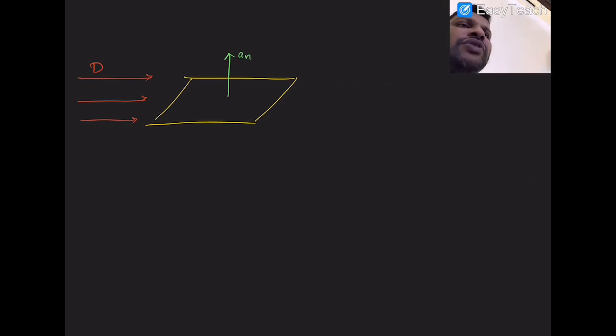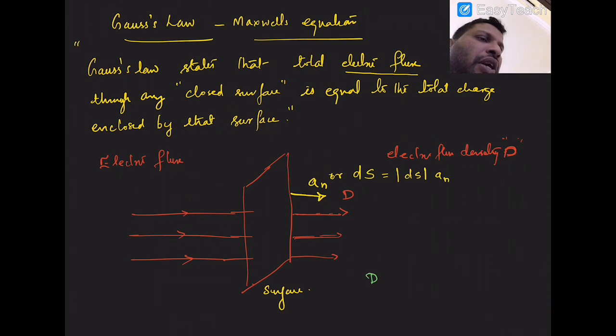You see here that the normal to the surface and D are perpendicular, whereas in the previous case, D and the normal to the surface are parallel. So this is the difference.